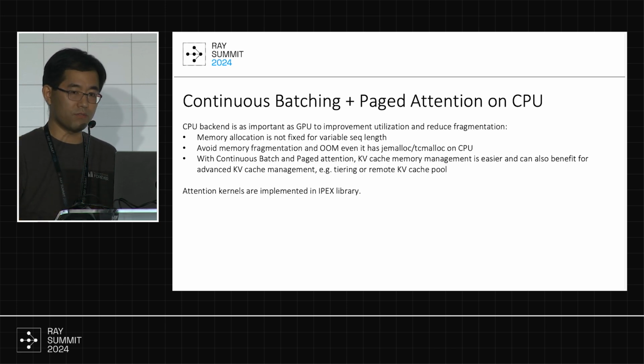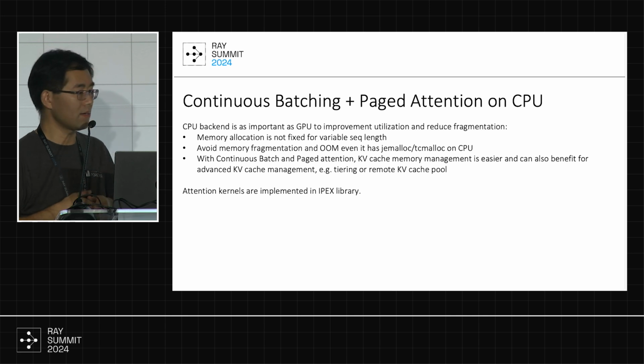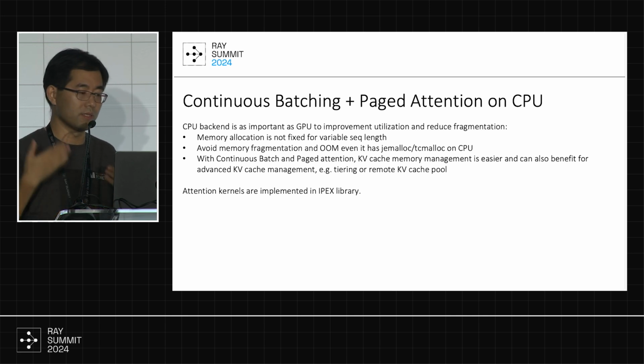Since this is for serving scenarios, you need to run the service for a long time, and you need a mechanism to avoid memory fragmentation and out-of-memory issues, even on CPU. We have jemalloc and tcmalloc on CPU, but that is not enough. We need a better way.